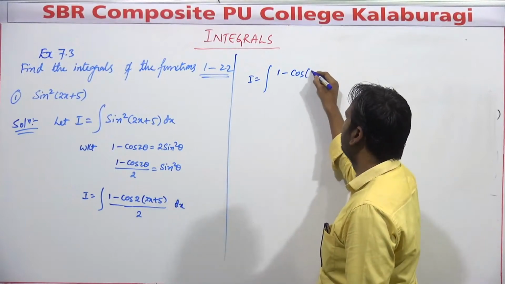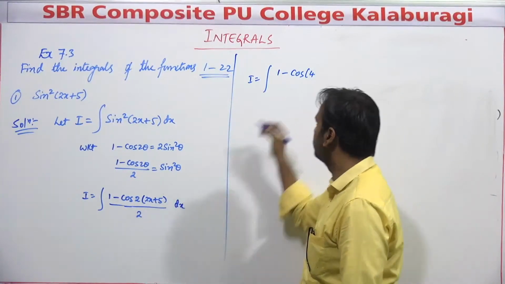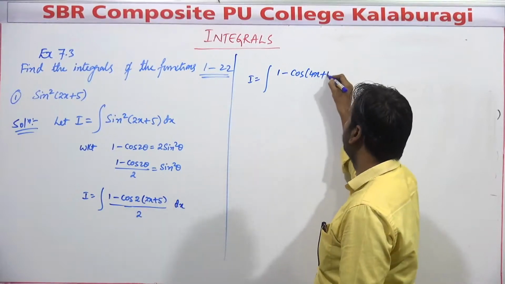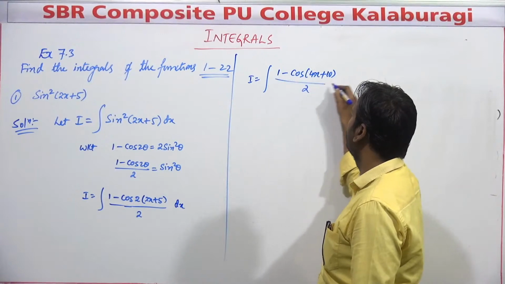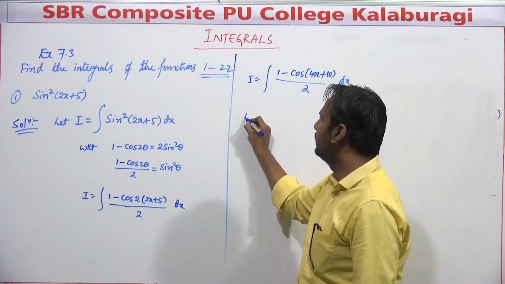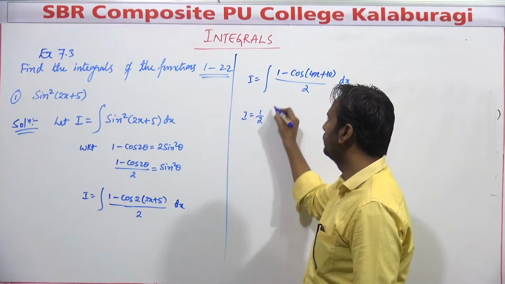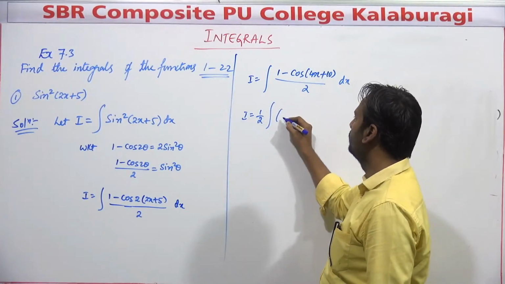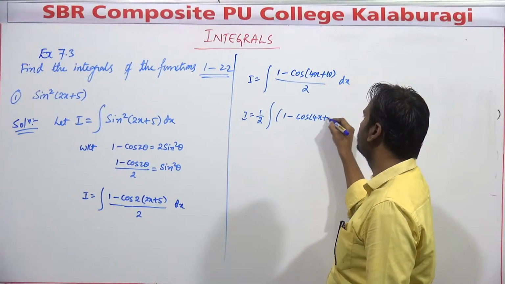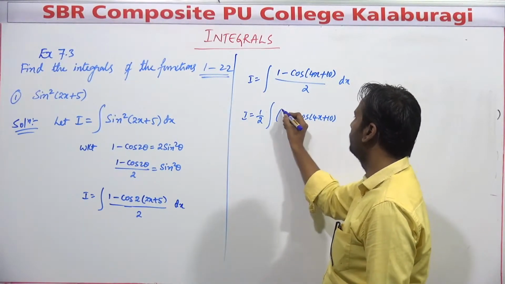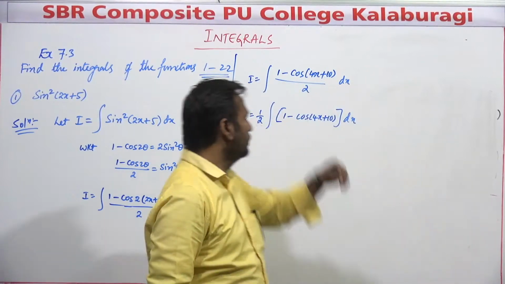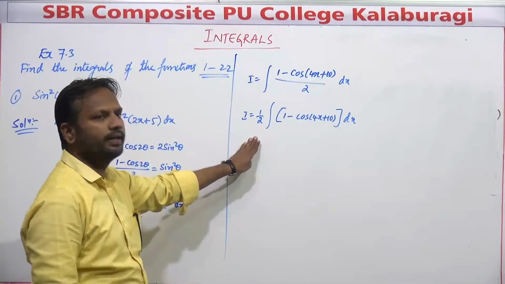What happens? 2 into 2x, 4x, plus 2 into 5 is 10. 4 divided by 2 dx. So 1 by 2 is constant. Take it outside the integral sign, right? What remains here? 1 minus cos of 4x plus 10, dx. So 1 by 2 is constant, take it outside the integral sign.